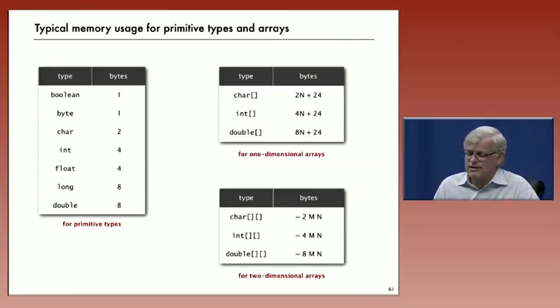Even for arrays, we could say an array of doubles is tilde 8n for one-dimensional. For two-dimensional, a two-dimensional array of doubles is tilde 8mn. And there's extra terms for the overhead, but for large m and n, that's going to be pretty accurate. So that's our basic usage for primitive types and arrays in a typical Java implementation.